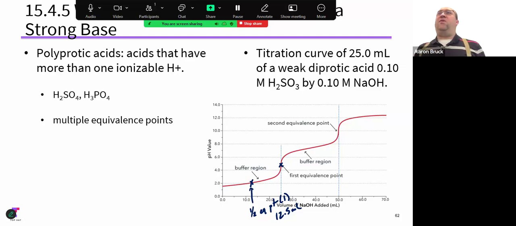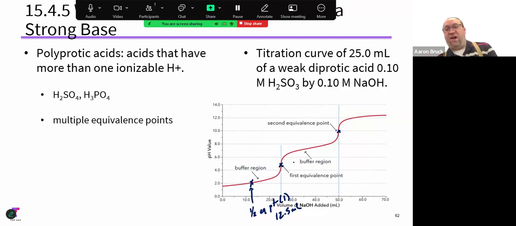Understand that for the second equivalence point, the half equivalence point is not halfway. I can't look at the second equivalence point here and say, okay, well, half of 50 is 25, so the half equivalence point is there. It's not there. Each equivalence point gets evaluated individually.